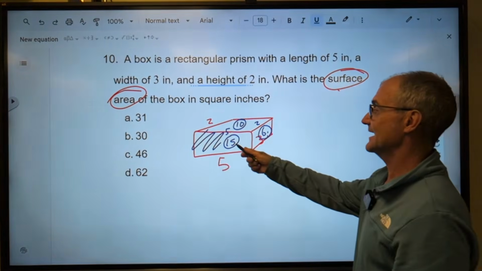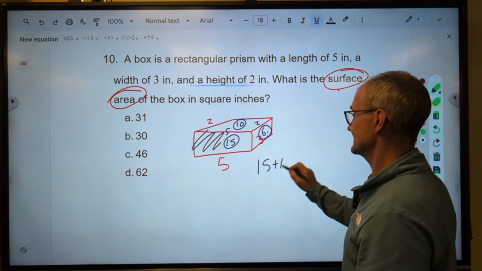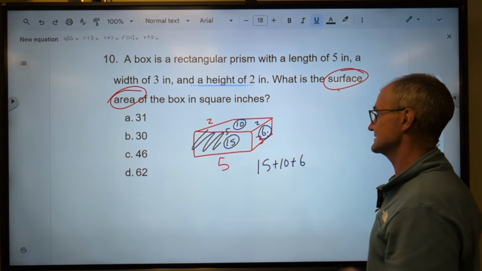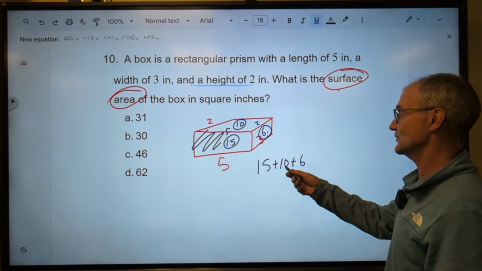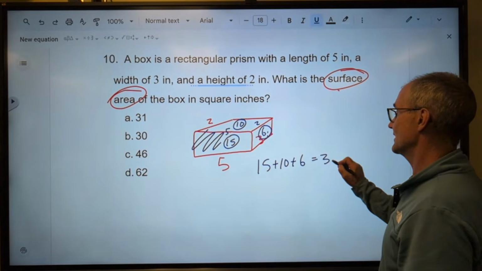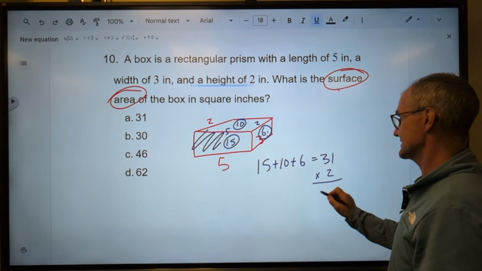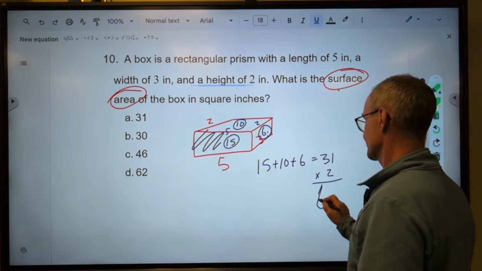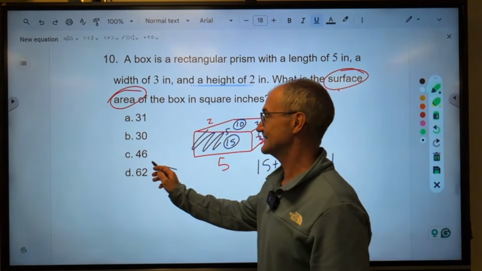So I'm going to add all 3 of these together, 15 plus 10 plus 6. But remember, I got 2 of them. So 15 plus 10, 25 plus 6 is 31 times 2 is 62. Correct answer, answer D right there.